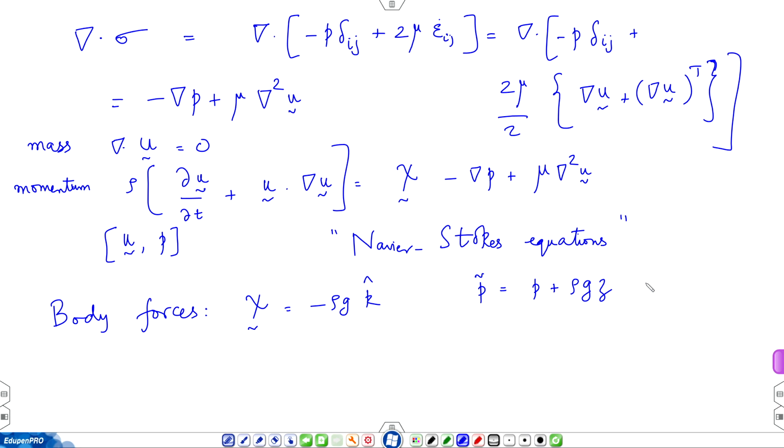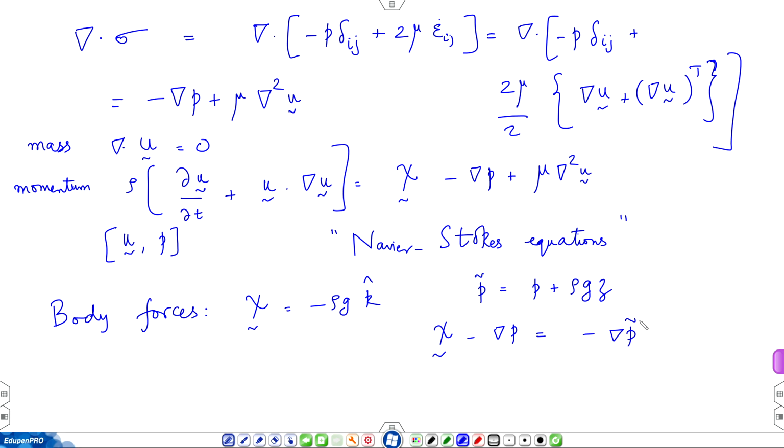Then please show that chi minus gradient of P is minus gradient of P tilde. I forgot to bring this Greek symbol, chi, I hope you got that table of Greek symbols. Okay.